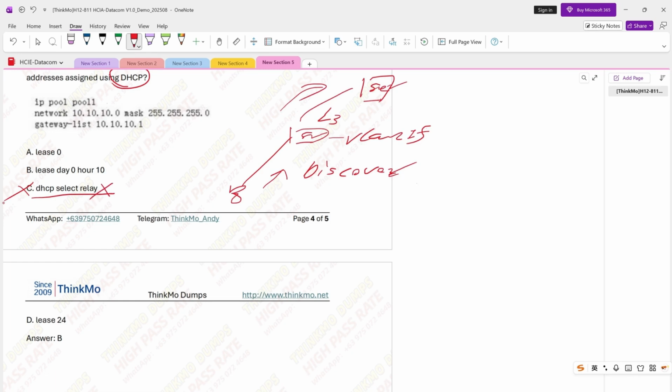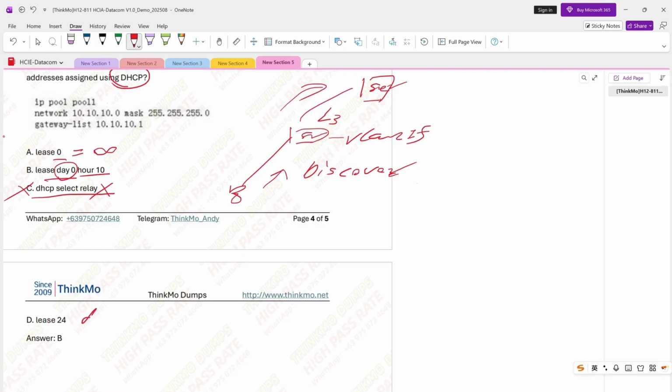If he asks us which lease is the shortest, everyone might pick A, but the mistake here is that it's misleading and makes us choose 0. What does 0 mean? 0 means unlimited duration. Right? 0 means unlimited duration, and this one is 0 days and 10 hours. 0 days, 10 hours, and then this one is 24 days.